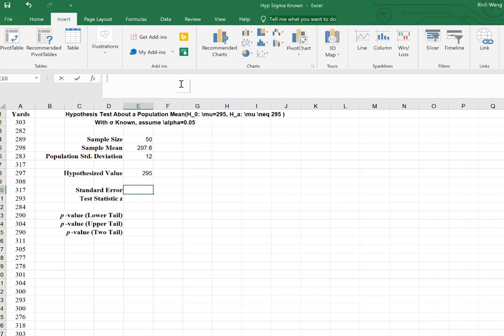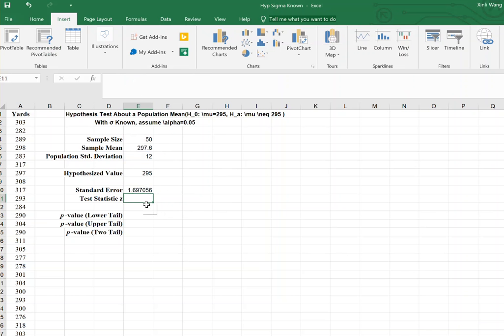And starting by finding out the standard error, which is sigma over root n. So sigma is in the cell, just single click it, divided by square root, that's SQRT. Now the n value is here, so select this cell, close the bracket, there we have it. That's the standard error.